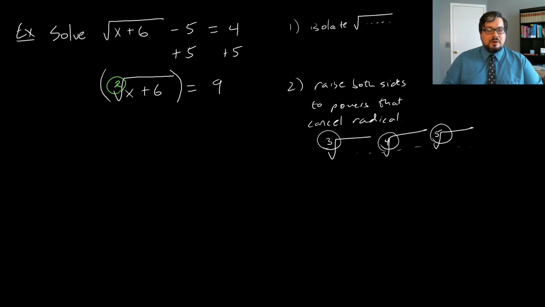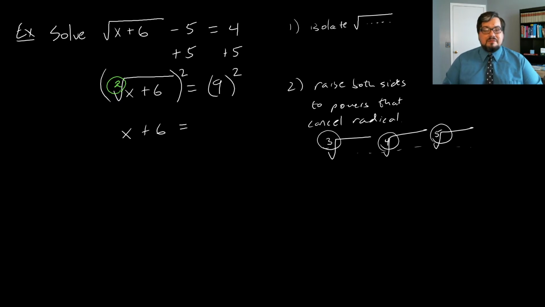So at this point, what we want to do is square both sides of the equation. Now, when we take the square root and then square it, those two functions cancel each other out. And so we're left with x plus 6 on the left, because the squared and the square root annihilated each other.